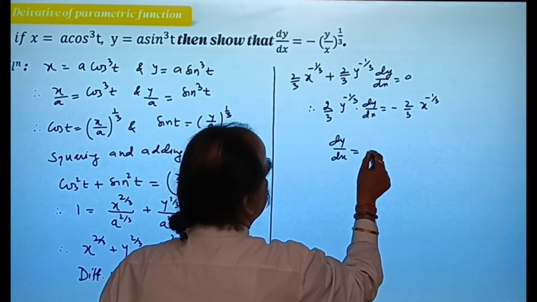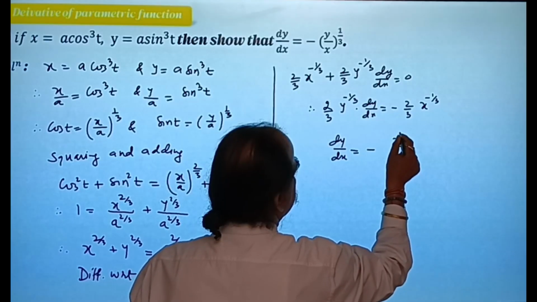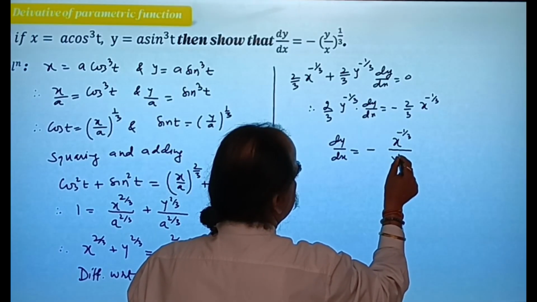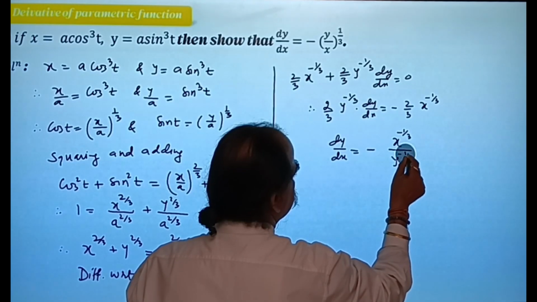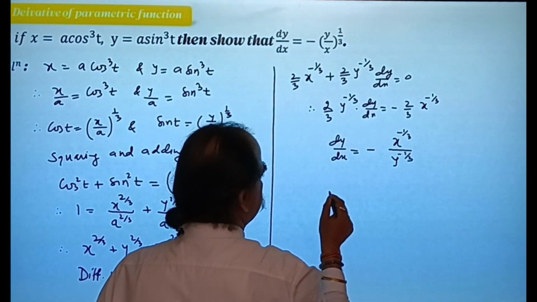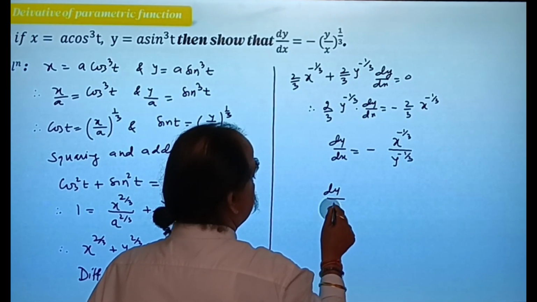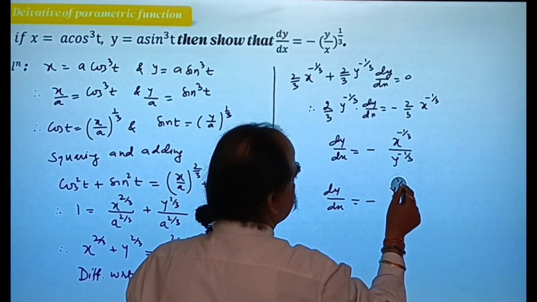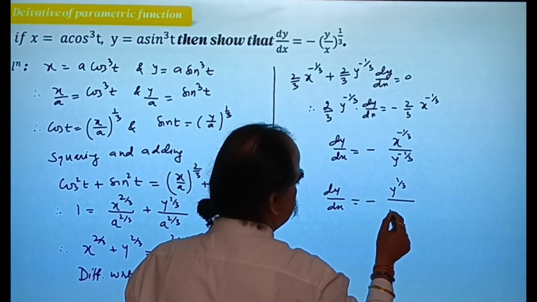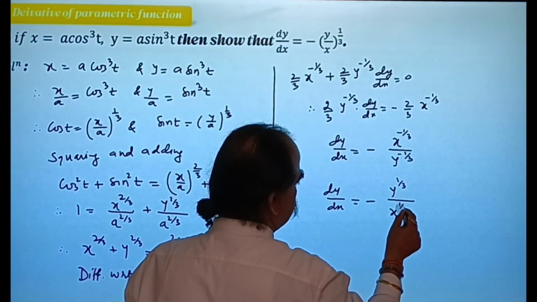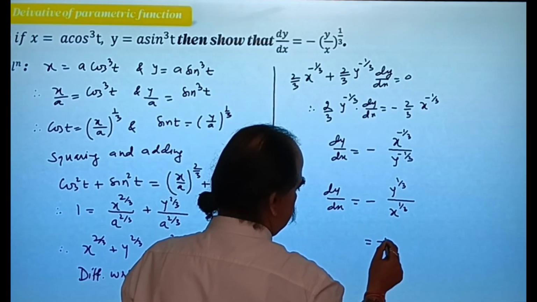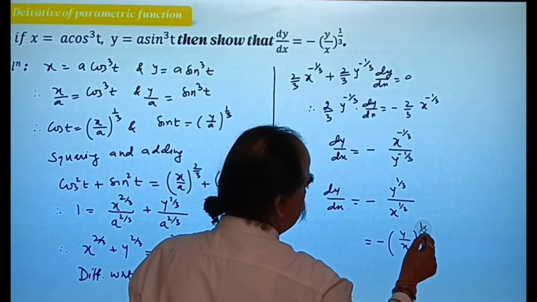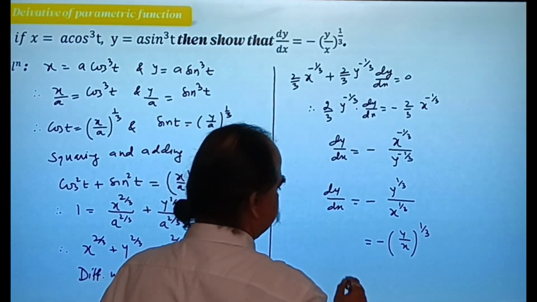So dy by dx is minus y raised to 1 by 3 upon x raised to 1 by 3, that is, minus y by x raised to 1 by 3, as required.